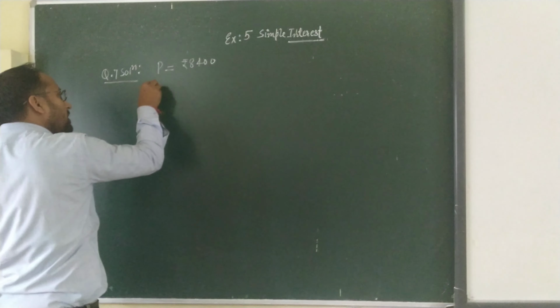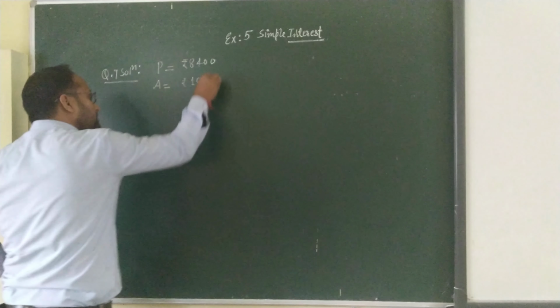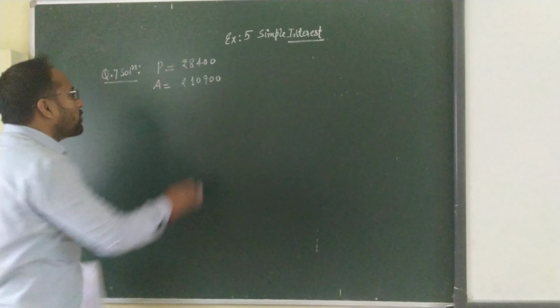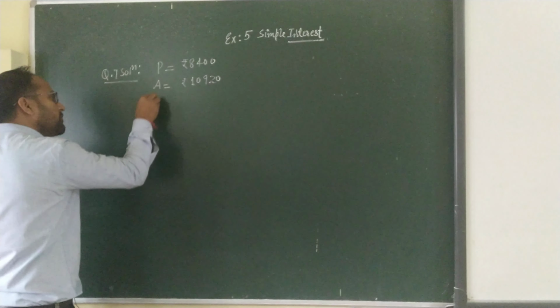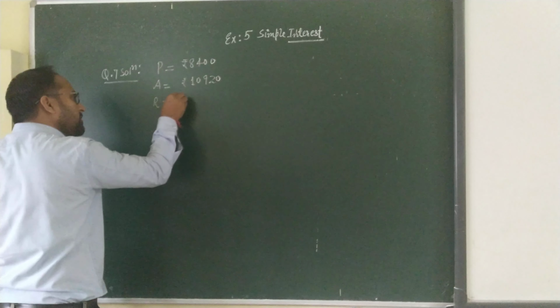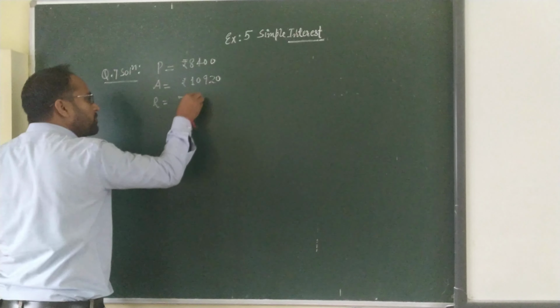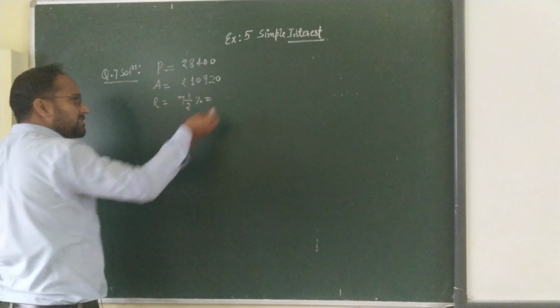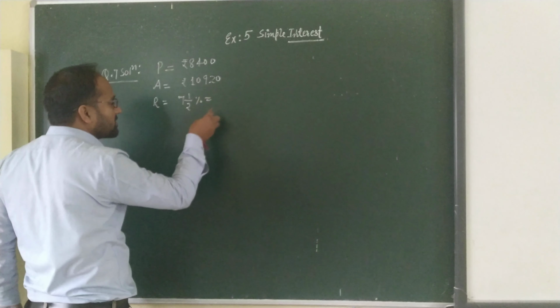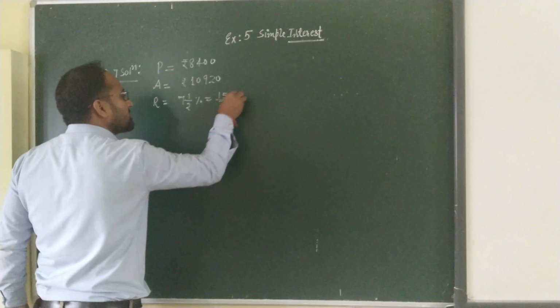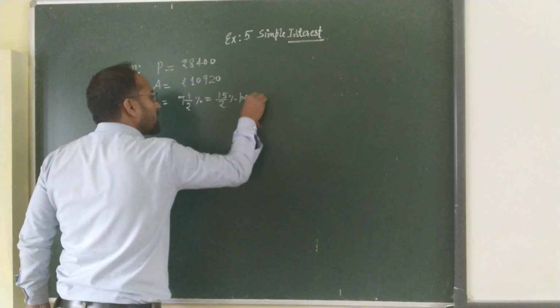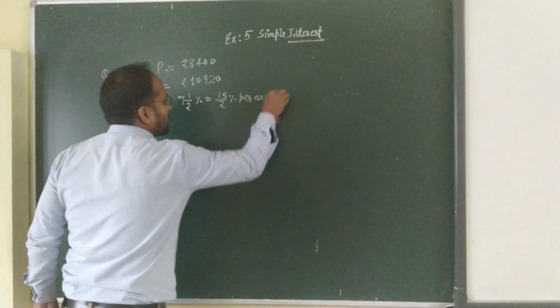Amount is given as rupees 10,920. Rate of interest R is given as 7 whole 1 by 2% per annum. Change the mixed fraction into an improper fraction, so you will get 15 by 2% per annum. Per annum means every year.